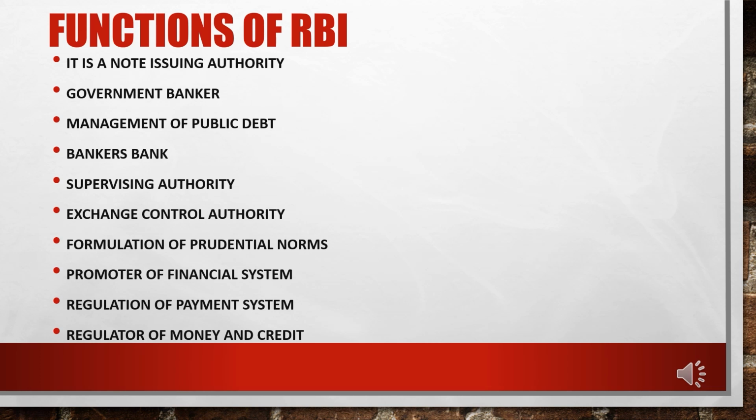Obviously, it conducts monetary policy, which is the most important and vital thing the central bank does, because from the beginning we said that monetary stability is the prime objective of RBI. That is how RBI conducts monetary policy.